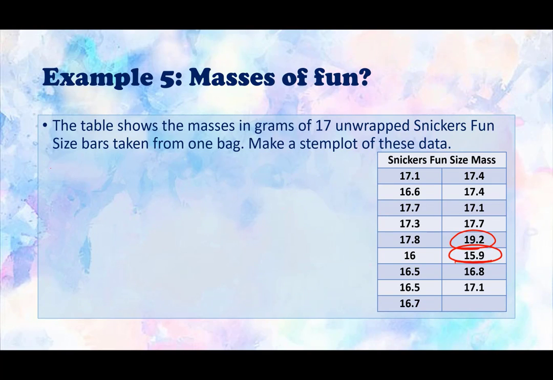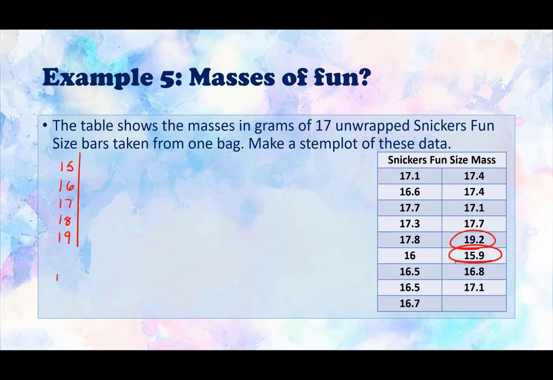First, I'm going to figure out how to break this up. These are all two digits with a decimal point. Because it's going to start at 15.9, I'm going to start my stem and leaf plot at 15, and go all the way up to 19 because we have 19.2.